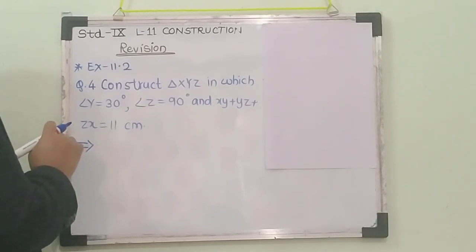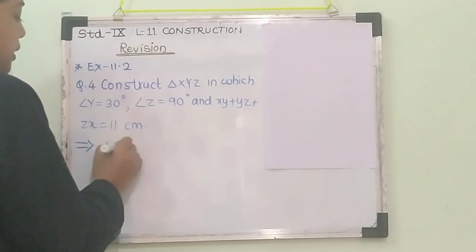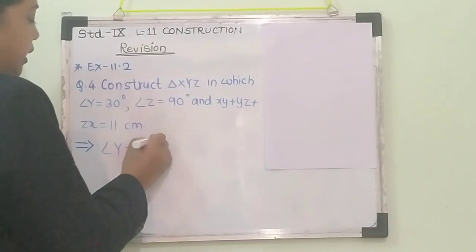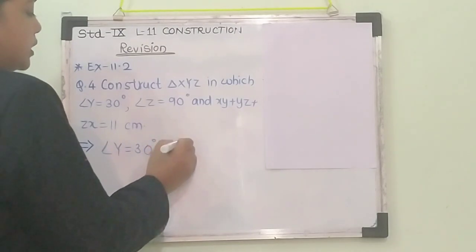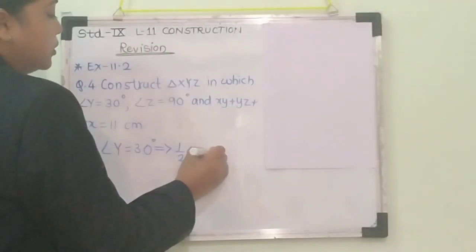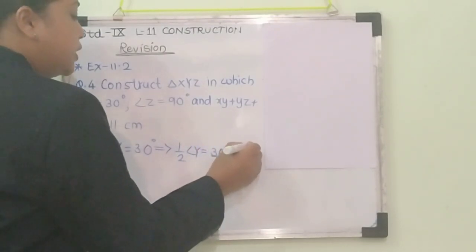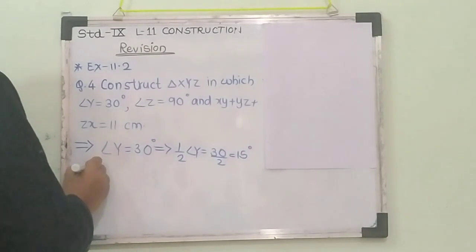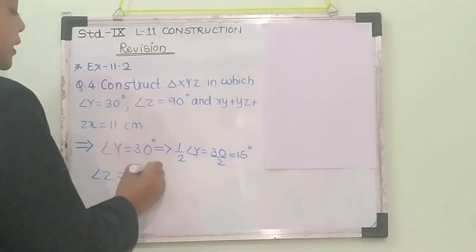First what I did here, I told you that first we take the given angle, that is Y. So half of angle Y equals 30 upon 2, that is 15 degrees, and the given angle Z equals 90 degrees.